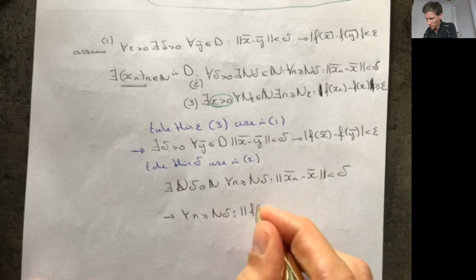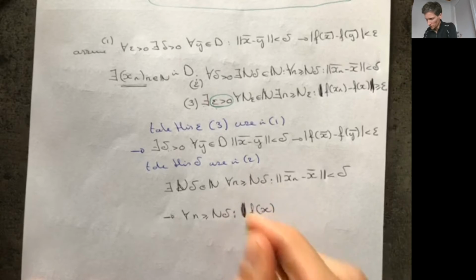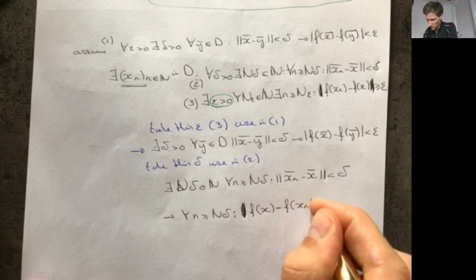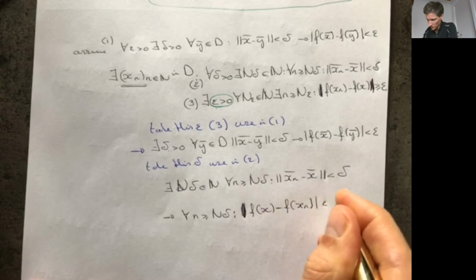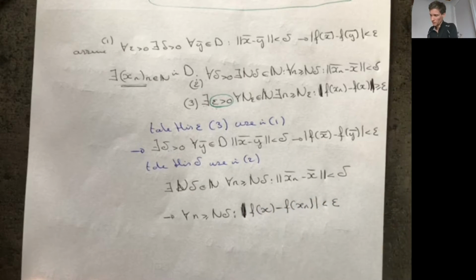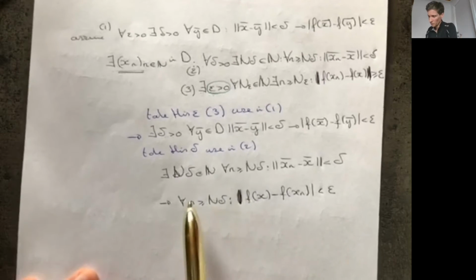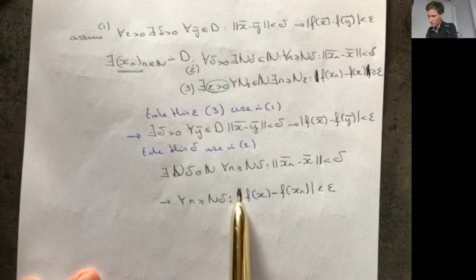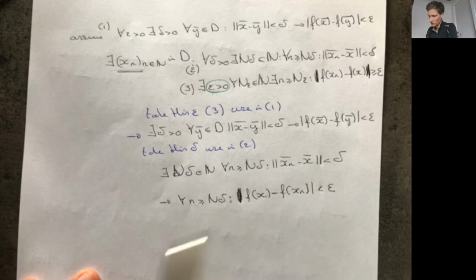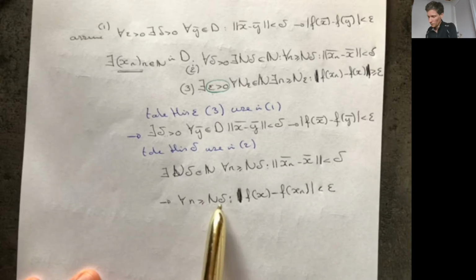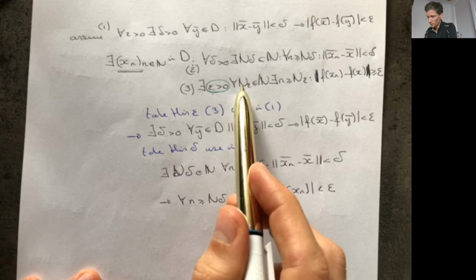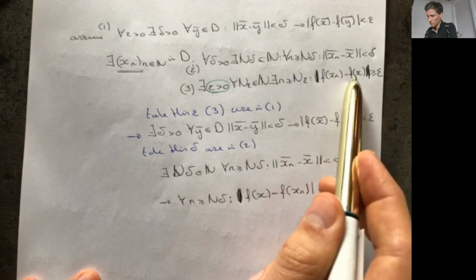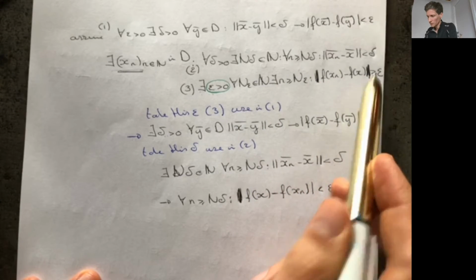So we know that |f(x) minus f(xn)|, again this should be the absolute value, is smaller than epsilon. So there exists an n_delta such that for any n greater or equal to this n_delta, |f(x) minus f(xn)| is smaller than epsilon. However, on the other hand, we know that for all n_epsilon here, there exists something greater such that |f(xn) minus f(x)| is bigger than epsilon.